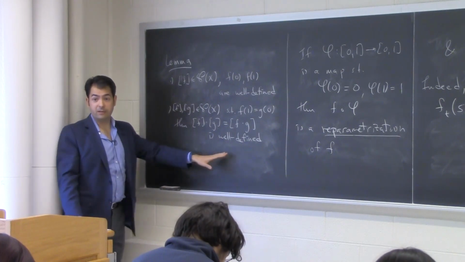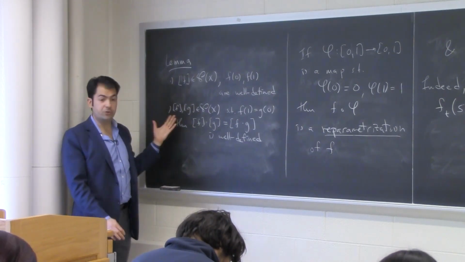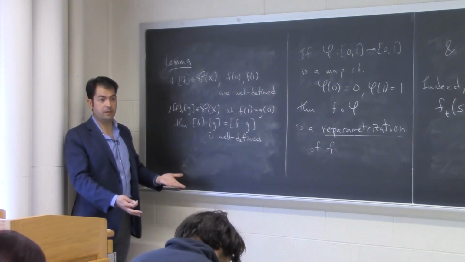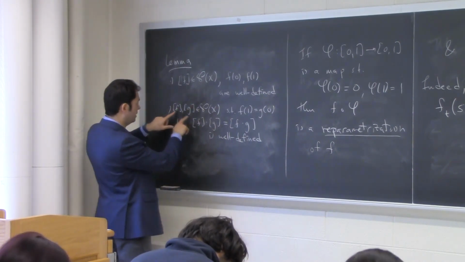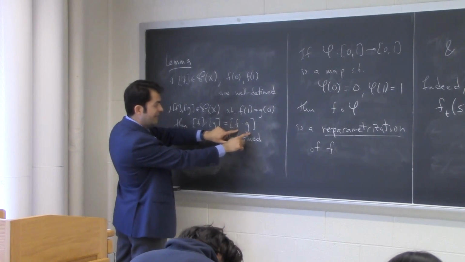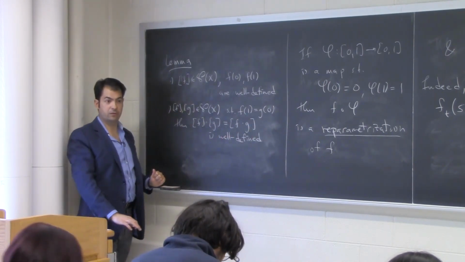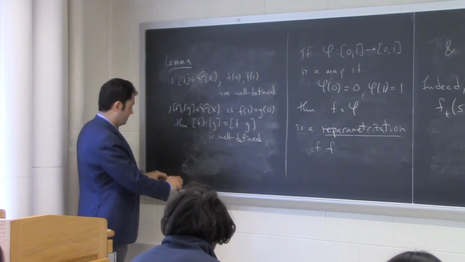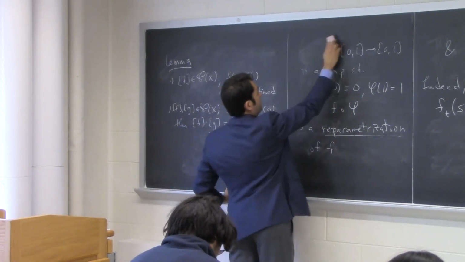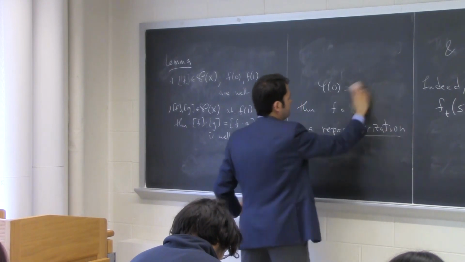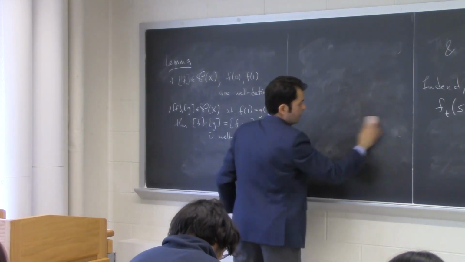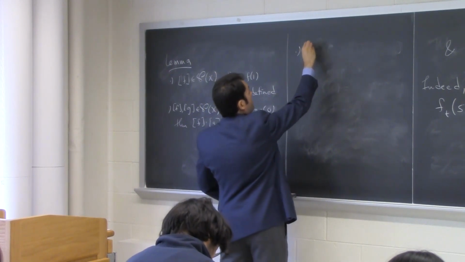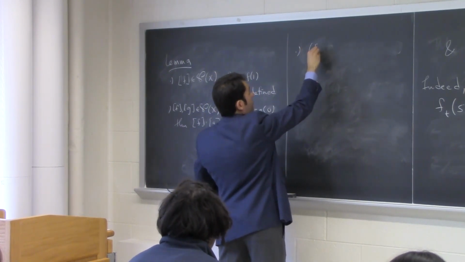Anytime we say well defined, it means we've made choices, but the result doesn't depend on them. Here the choice is picking representatives F and G, concatenating them, and taking the homotopy class. So you have a well-defined operation, and it is associative.